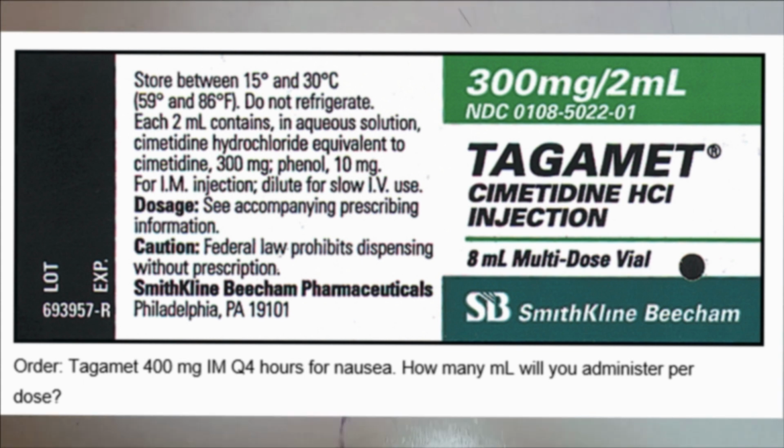So it says in the small print, each 2 milliliters contains an aqueous solution equivalent to cimetidine 300 milligrams, phenol 10 milligrams. For IM injection, dilute for slow IV use. Okay, so here they only gave one dosage. So that would be you have 300 milligrams and 2 milliliters. So that's what you're going to use to help you figure out how much you're administering.